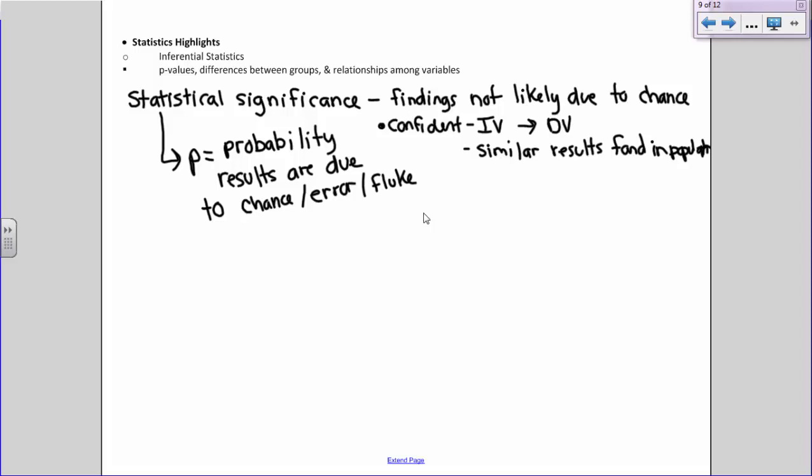Okay? So in statistics, we really like low p-values. Low p-values mean there's a low probability that results are due to chance.